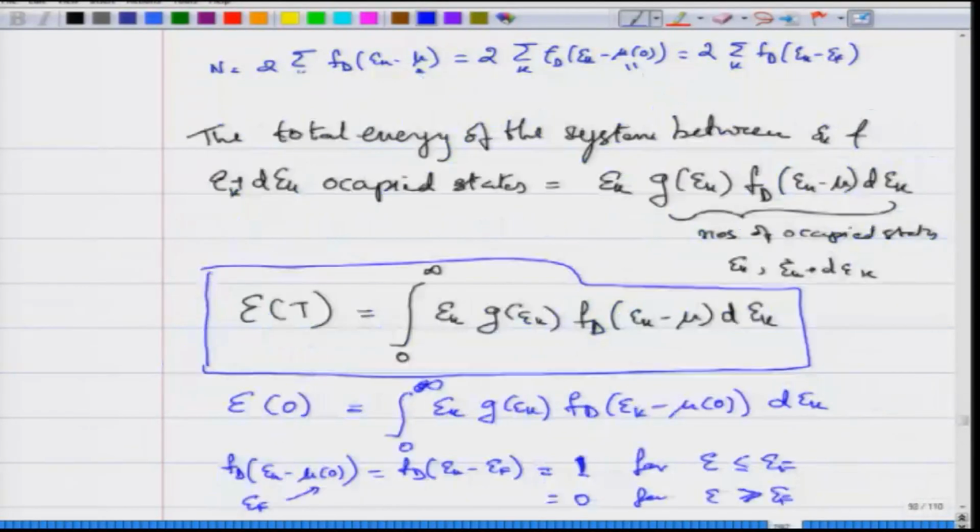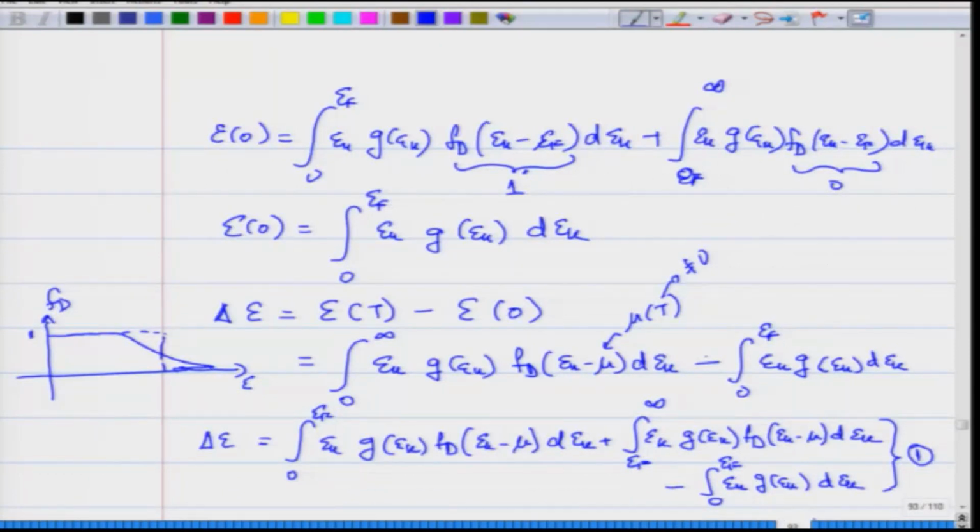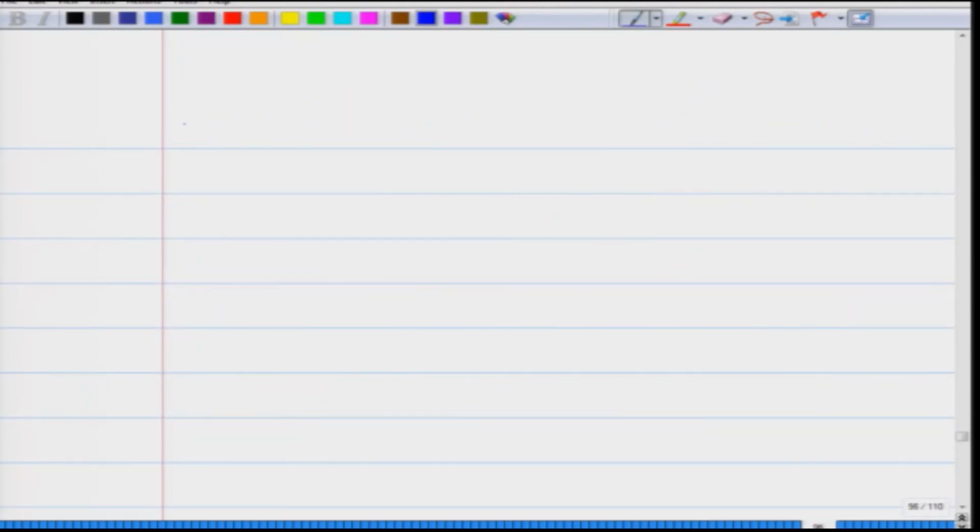Now, let us go back and copy this equation. Let us rewrite this expression once again. So, the change in energy delta E, let me rewrite this expression as the integral from 0 to EF of E G(E) F_D (E minus mu) dE plus the integral from EF to infinity of E G(E) F_D (E minus mu) dE.